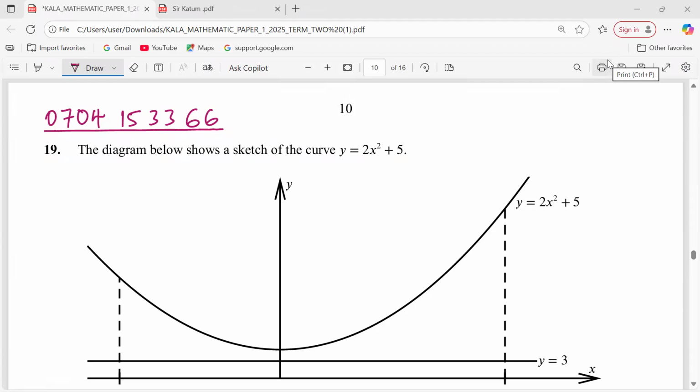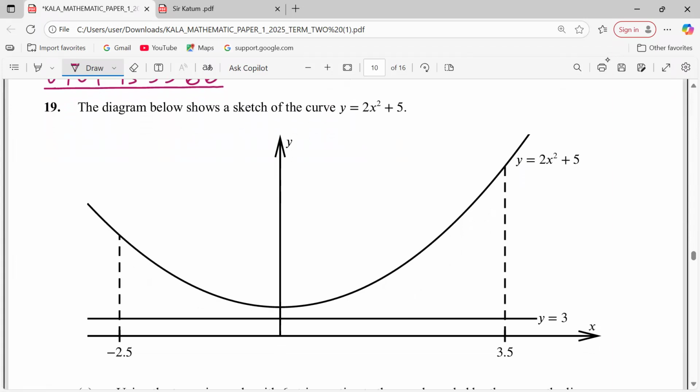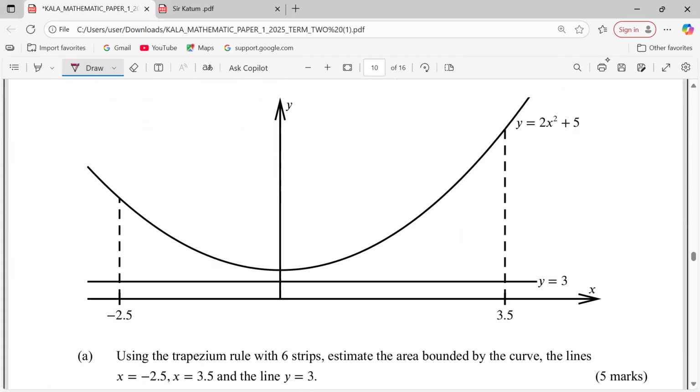We're going to discuss area approximation by both the mid-ordinate rule and the trapezium rule. The diagram below shows a sketch of the curve y equals 2x squared plus 5. So we can see the sketch of the curve.